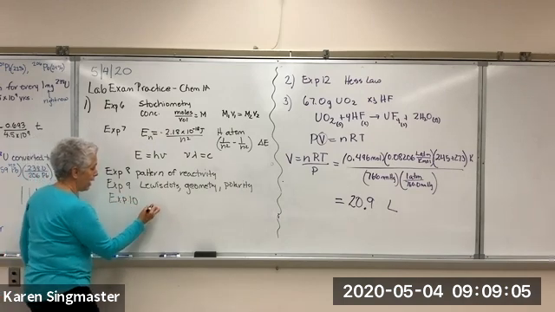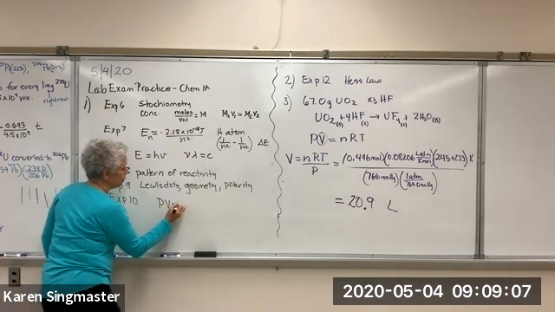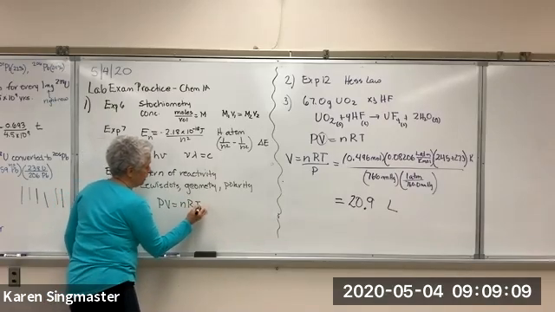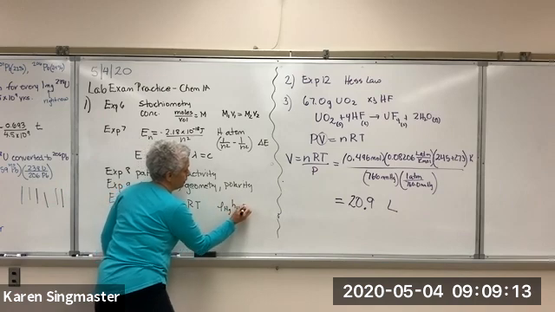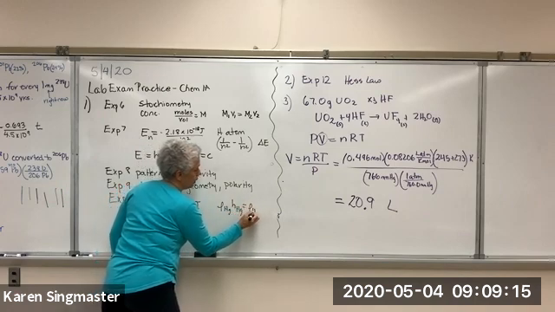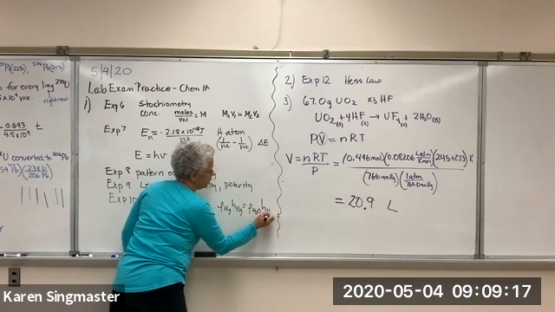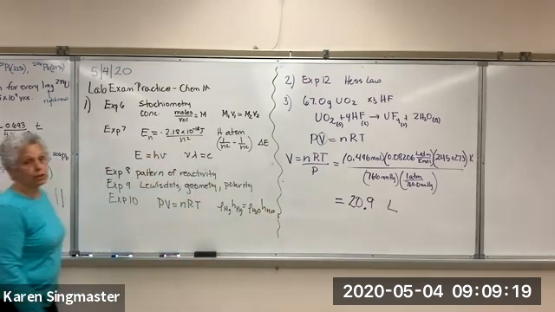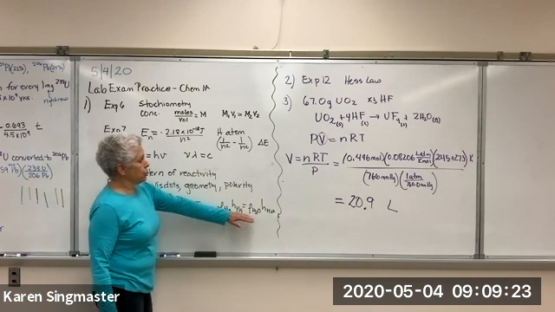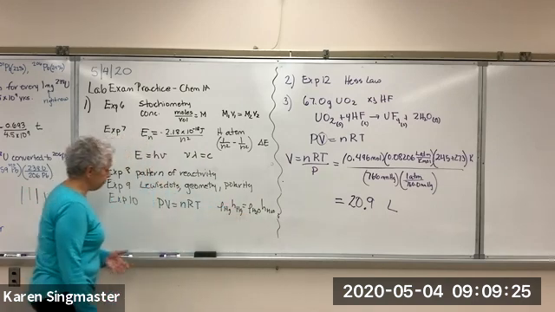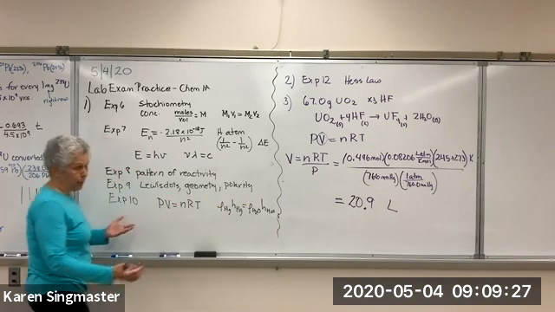that was where you had PV equals nRT, and you had density of mercury times height of mercury equals density of water times height of water. That allowed you to calculate the height of mercury associated with a certain height of water, and the height of mercury is the pressure.